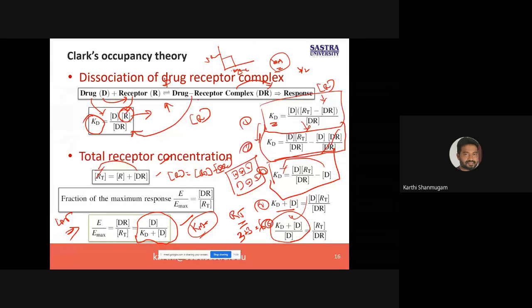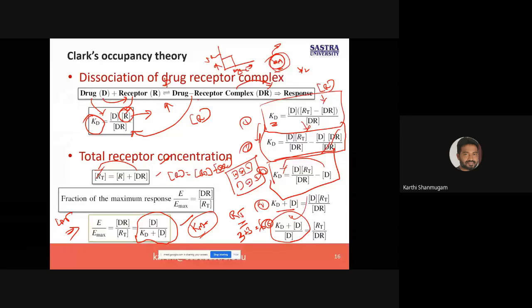Again, Km in the Michaelis-Menten equation is the concentration, with concentration on the x-axis and velocity on the y-axis. What is the concentration required to produce the half maximal velocity, exactly 50% of velocity?